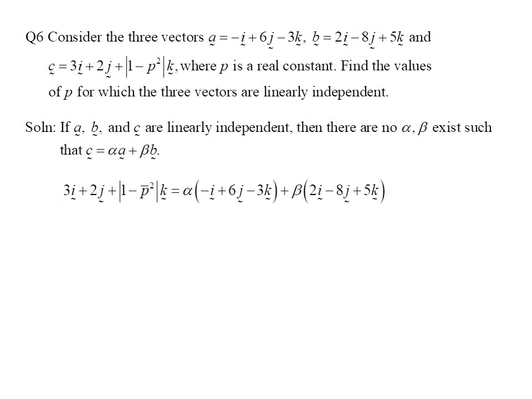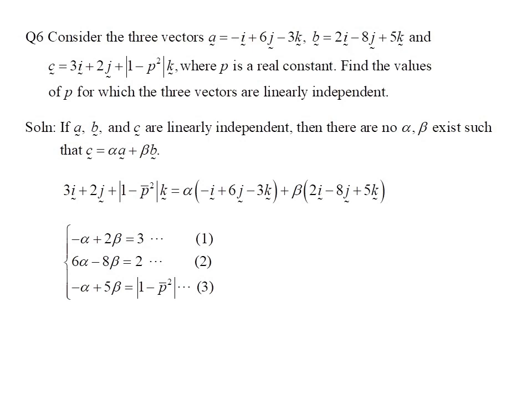Therefore, we have the vector equation 3i plus 2j plus modulus of 1 minus not p squared, k, equals alpha multiplied by (negative i plus 6j minus 3k) plus beta multiplied by (2i minus 8j plus 5k). After equating all the components of i, j, and k, we have three simultaneous equations.